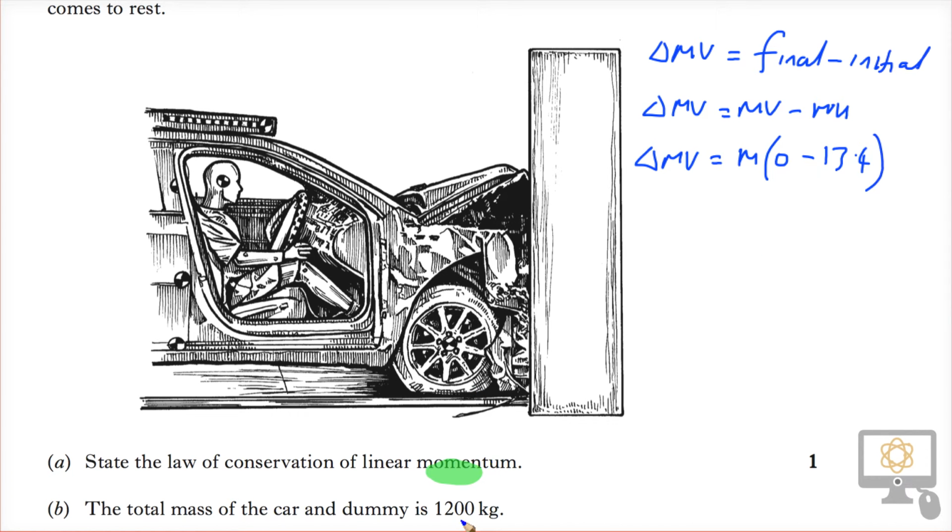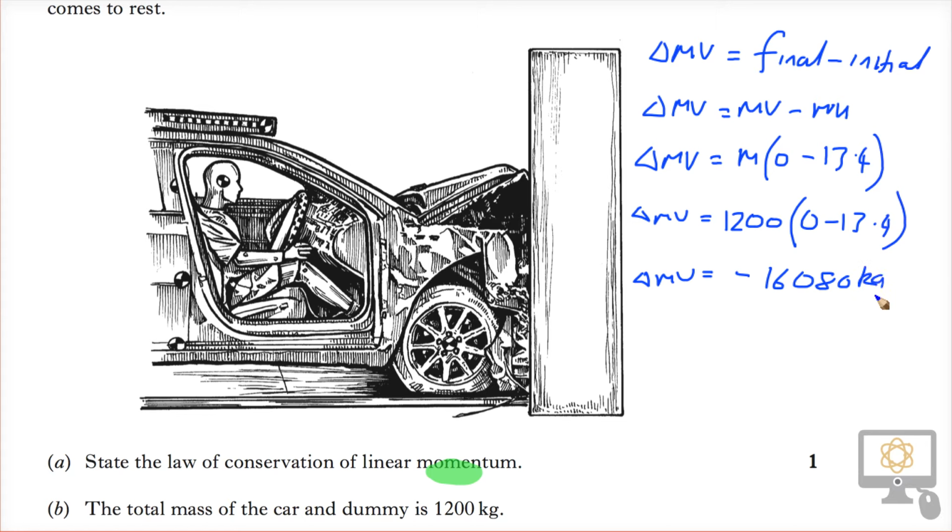The mass was 1200, so delta mv is equal to 1200 times 0 minus 13.4, which is 1200 times minus 13.4. So our answer is that delta mv is equal to minus 16,080, and the units are kilograms meters per second.